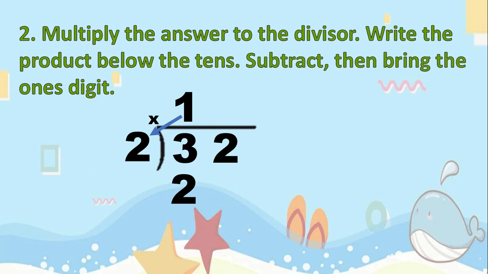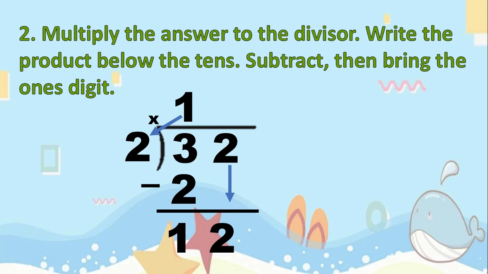After multiplying, you subtract. So 3 minus 2, very good, is 1. After subtracting, we cannot divide 1 by 2. So what we are going to do is bring down the ones digit here. So we can now divide.